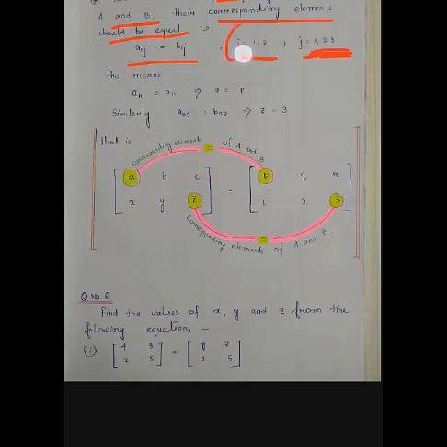Actually, i refers to the number of rows and j refers to the number of columns. So i can take the values 1 and 2 and j can take the values 1, 2 and 3. So this means the corresponding elements should be equal.